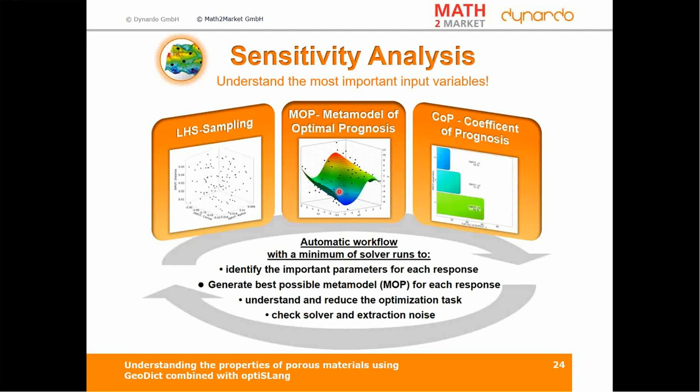And so you can decide, okay, I want to achieve a high filter efficiency, so maybe I should increase the parameter ranges or something similar. And you can check for solver and extraction noise if this may occur.